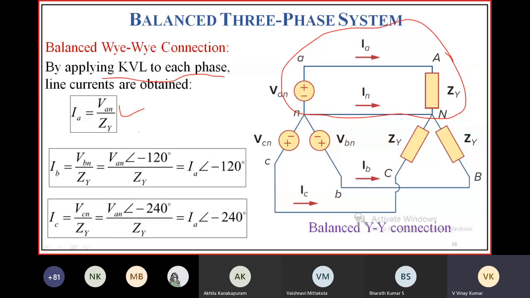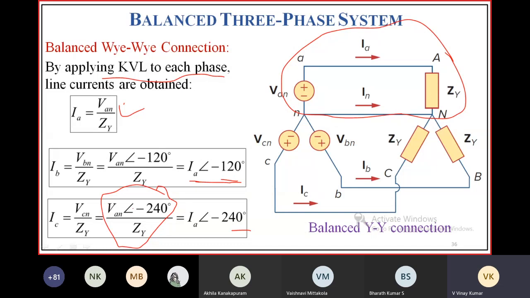All phase currents are equal in magnitude but displaced by an angle 120 degrees from each other. If this is at an angle 0 degrees, this would be VAN at an angle 0 by Z phi, that is IA at an angle 0. IB is IA at an angle minus 120, and this is IA at an angle minus 240. What is this?